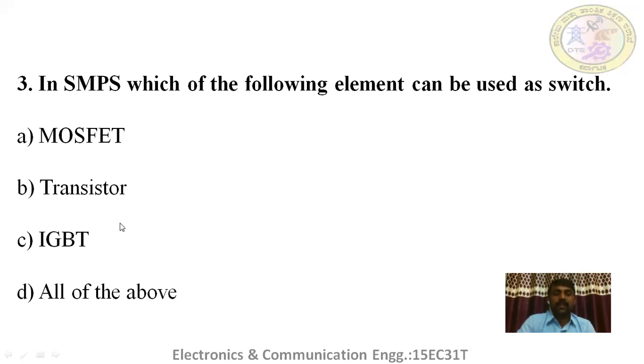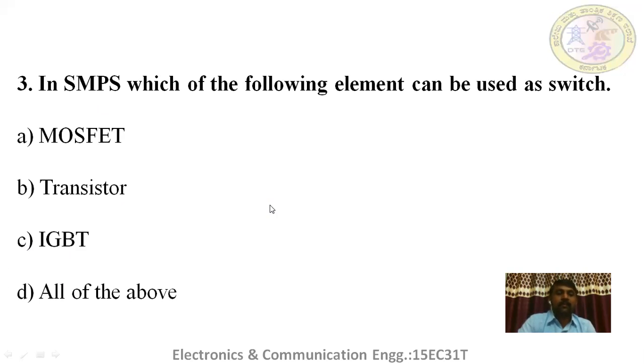MOSFET, transistor, IGBT, all three are transistor categories, and all of these are controlled switches. Therefore, you can use a MOSFET as a switch, or you can use a transistor. Even the IGBT is used as a switch in SMPS. Therefore, the correct answer is all of the above.